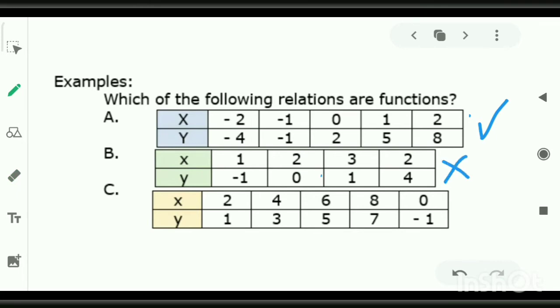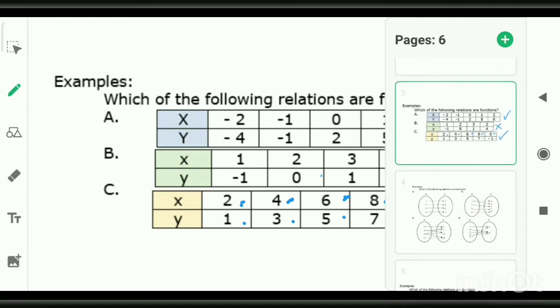Next, set C. We have (2, 1), (4, 3), (6, 5), (8, 7), and (0, -1). Now, all the x elements are different and they are also paired to different y elements. Therefore, since no x element is duplicated, set C is a function.